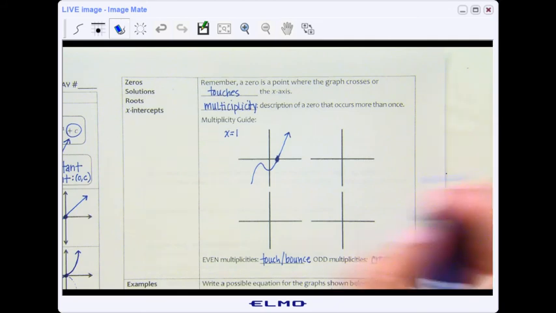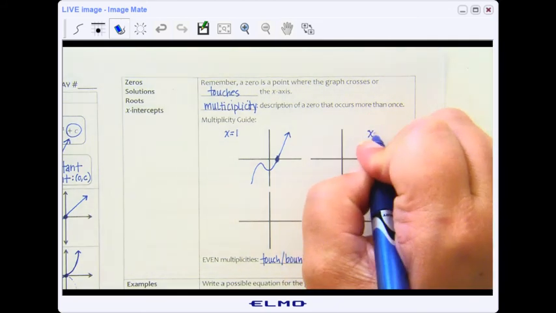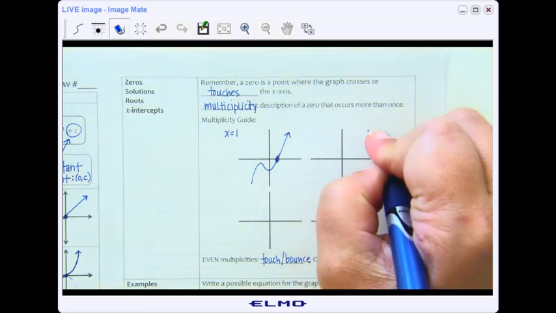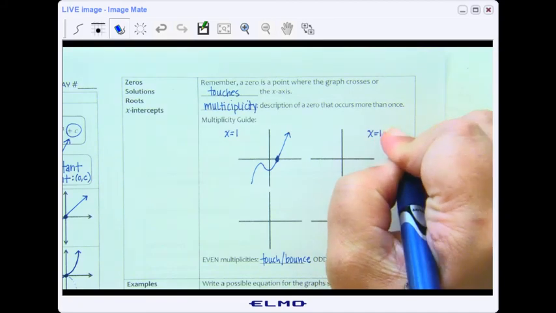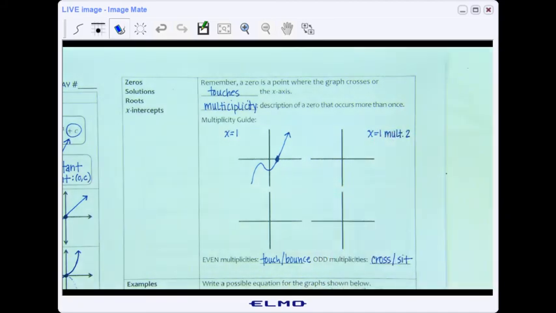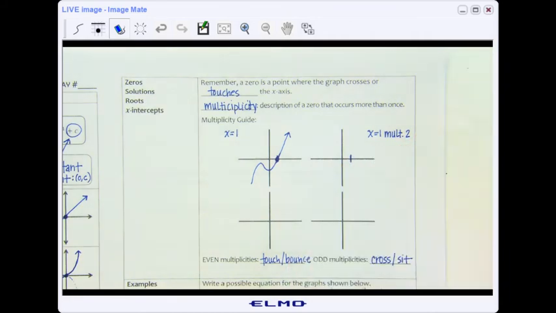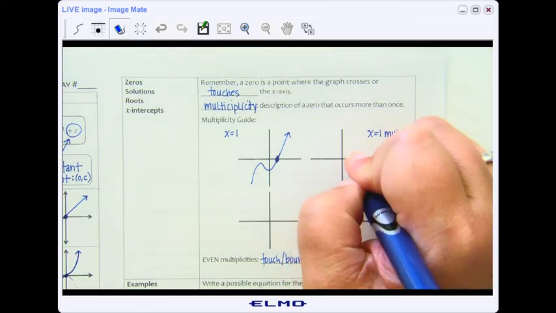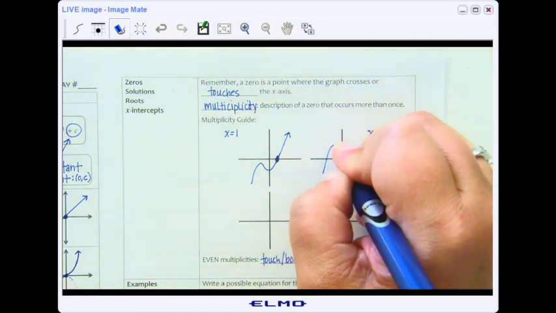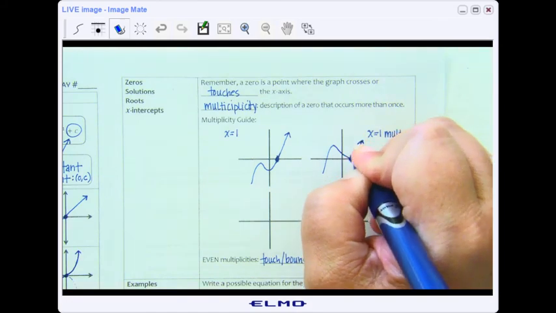If you have x equals 1, but with a multiplicity of 2, then that means you're going to touch and turn or bounce off of the x-axis at x equals 1. So this graph might look like this.